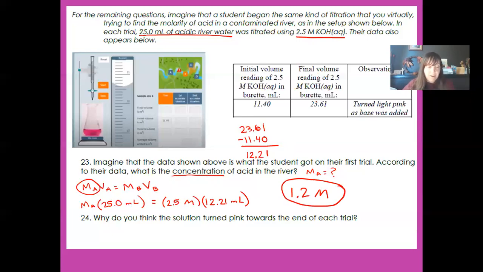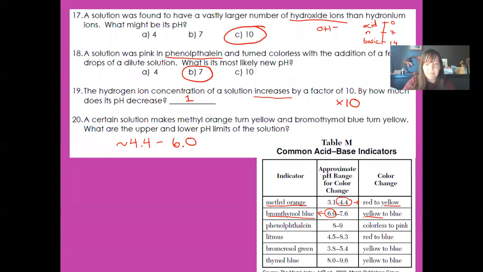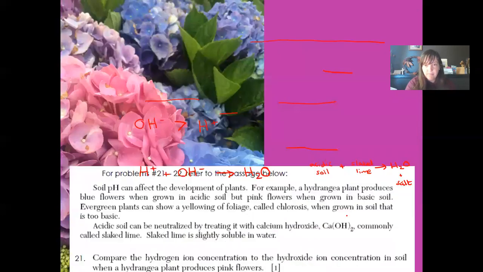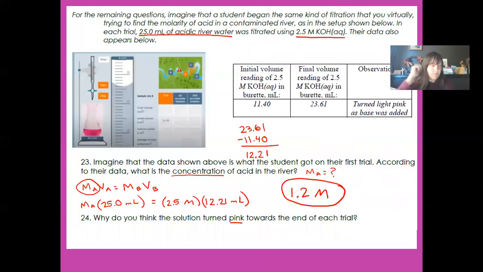Number 24, why do you think the solution turned pink towards the end of each trial? Well, they were clearly using an indicator, right? And we can look at our reference table. Which one turns pink? We must have been using phenolphthalein indicator, which turns pink as it becomes basic. So why did the solution turn pink towards the end of each trial?